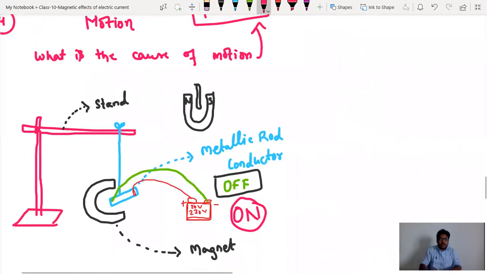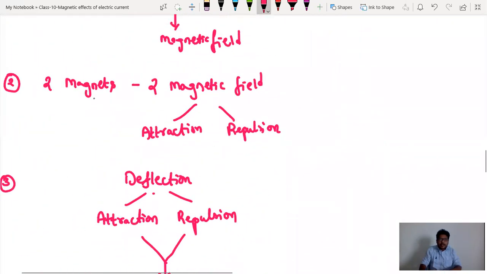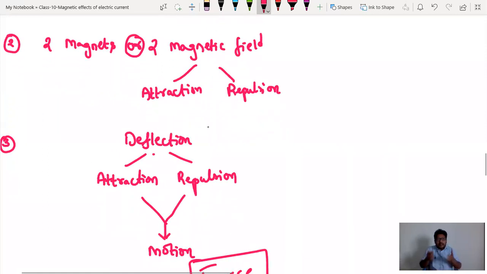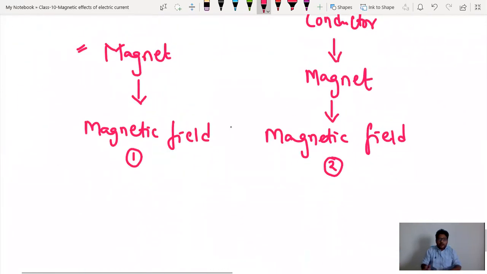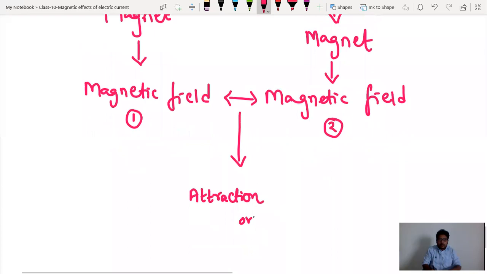Now come to the second point. If you have two magnets or two magnetic fields, what will happen, guys? Definitely there will be attraction or repulsion, right? So when two magnetic fields are near to each other, definitely attraction or repulsion takes place.